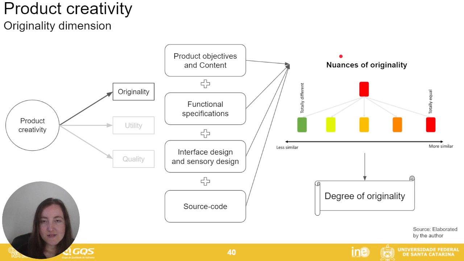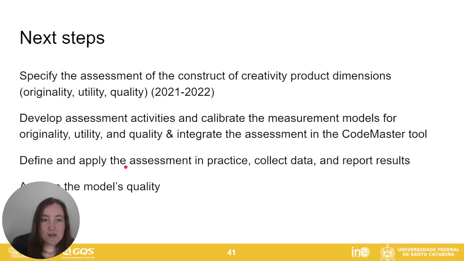We must consider the classroom context because we must not expect our students to revolutionize the world when creating a single app. We also should not disregard a computational artifact as unoriginal if there is a high degree of originality for the context of elementary school students. There are also submodels for utility and quality.